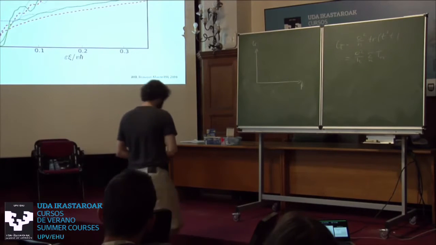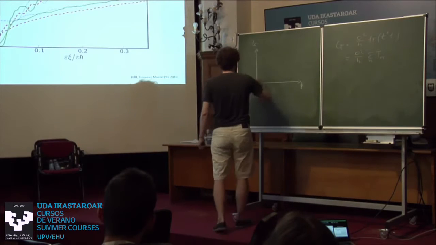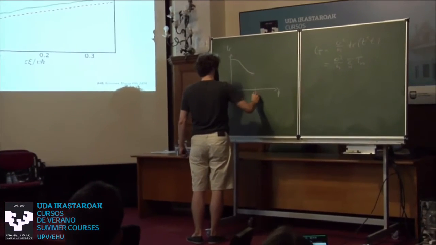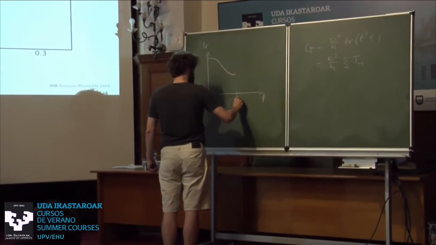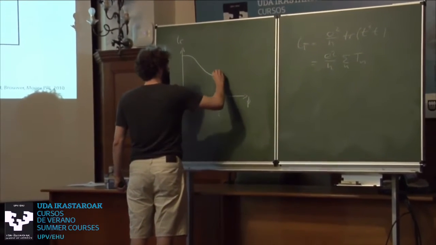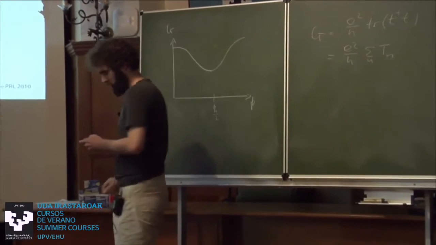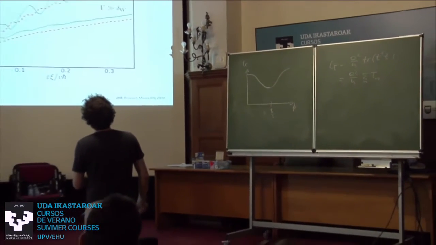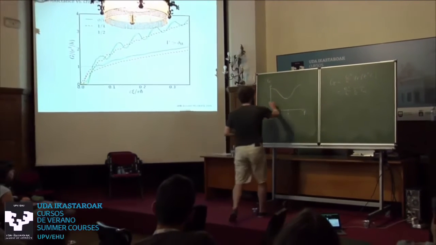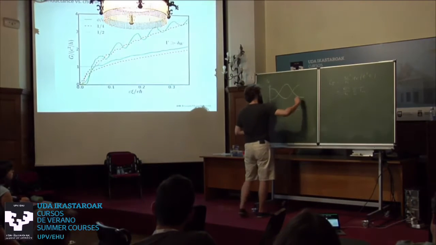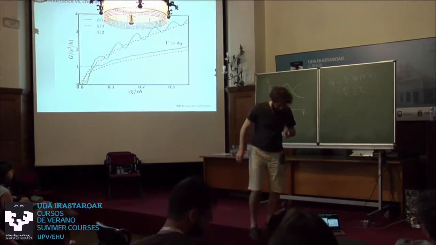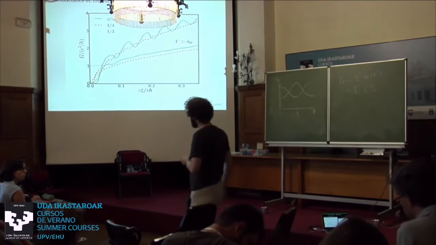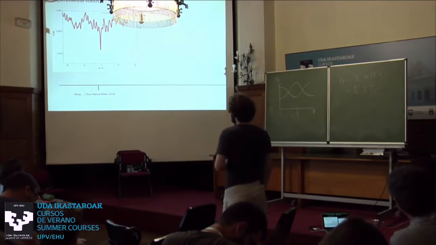That means that the conductance is maximum at 0, and then it goes to a minimum at half a flux quantum, and then it's periodic in this theory. While if I was here at some other chemical potential, it will be minimal at 0, and then it would go like this. So if I do conductance as a function of flux, I should see oscillations.